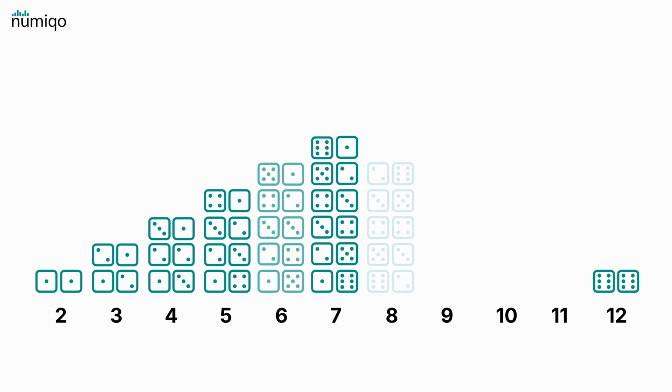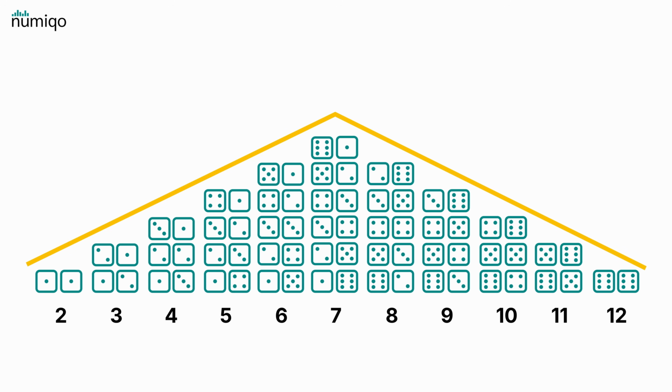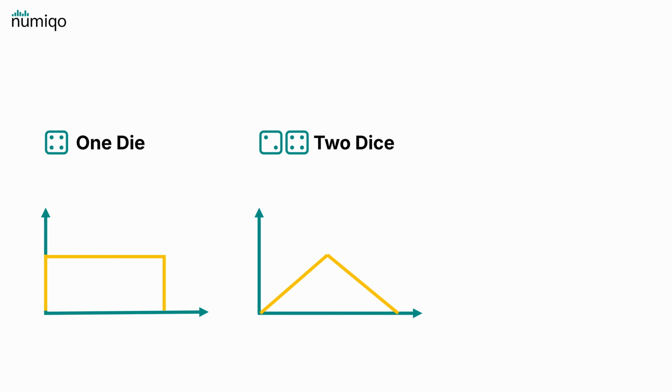So when we complete the picture, we can already see a triangle shape. The middle sums like 6, 7, and 8 are more likely, and the edge sums like 2 and 12 are less likely. That's why the shape becomes a hill, almost like a triangle. So with 1 die, the histogram is basically a flat rectangle. With 2 dice, it becomes a hill, kind of like a triangle.